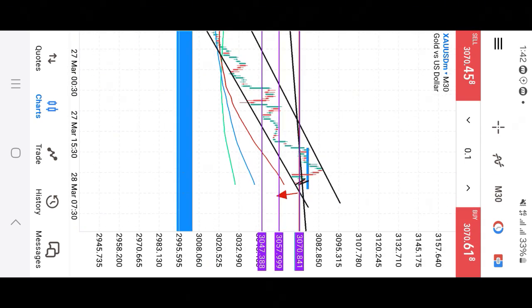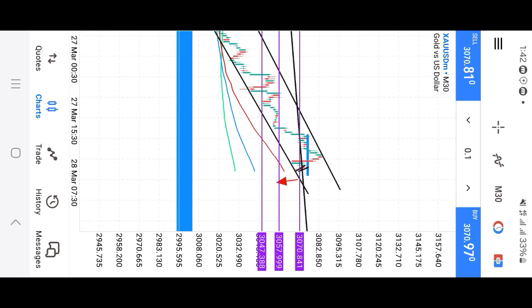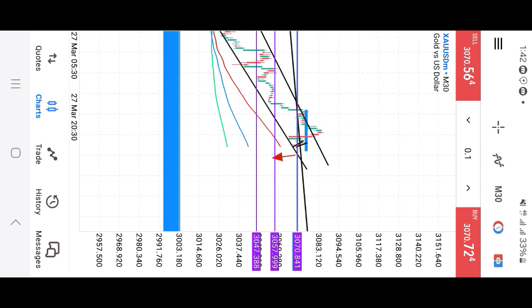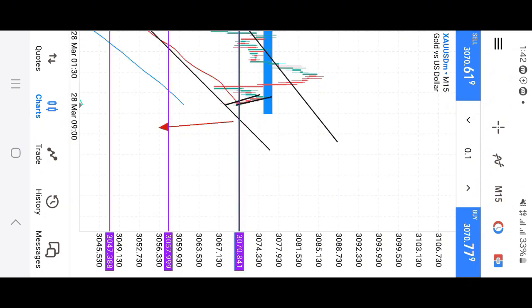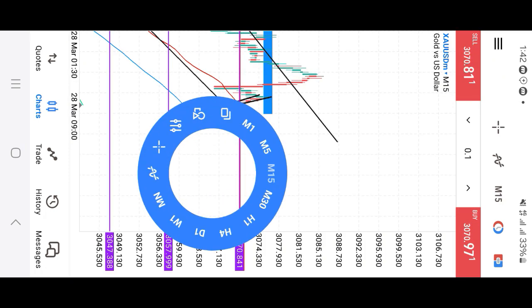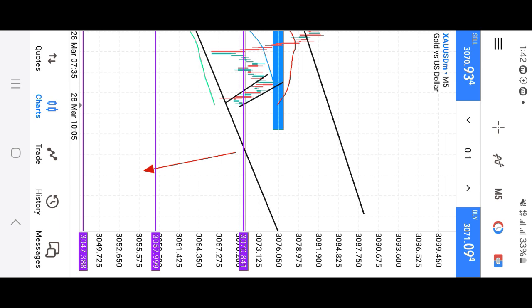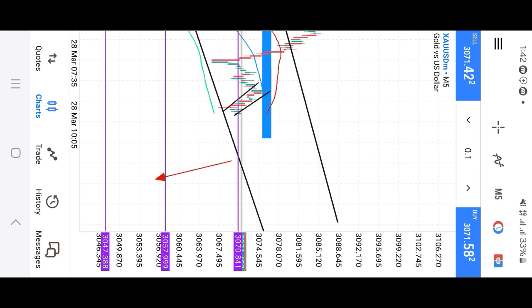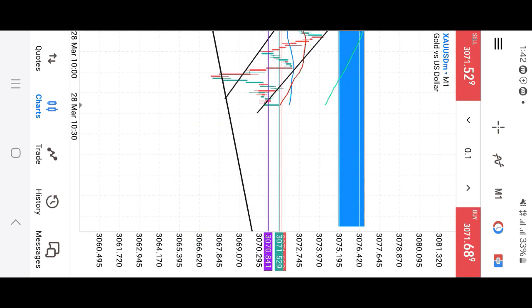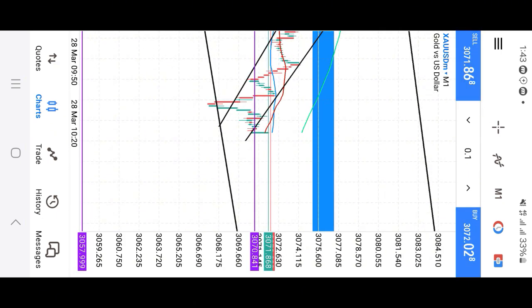This is my bias. In 30 minutes, price may go down. But we have to wait for a long time. But my strategy is scalping, so I will scalp every movement. It matches with my strategy.